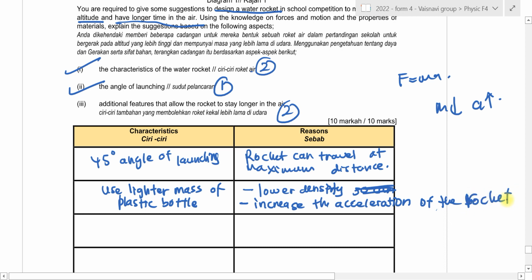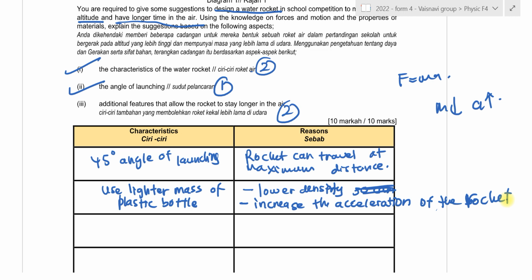Okay. Lepas tu dia punya material kena buat macam mana? Material dia. Always talk about the material. Material nak buat plastic bag tu. Jangan nanti dia sebab high pressure roket kamu pecah, betul tak? Jadi kita kena buat apa? We don't want the bottle to break when you put the high pressure of air inside.